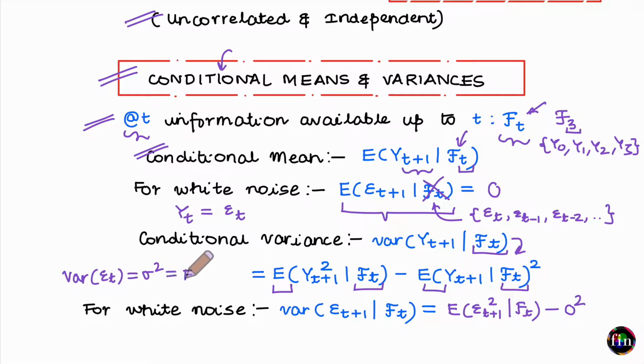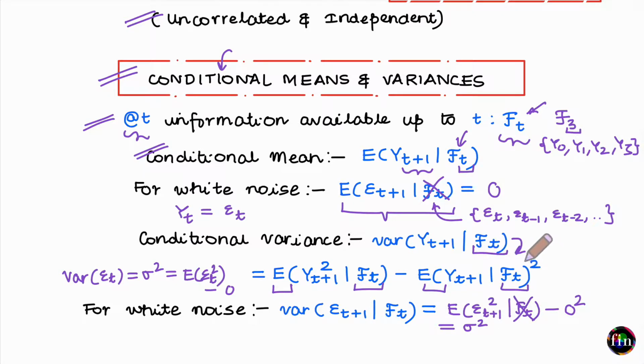This is the expected value of epsilon t squared minus the expected value of epsilon t the whole squared, which is 0. So the expected value of the square of this white noise is sigma squared. Again, because I am talking about uncorrelatedness and in a stronger sense independence, this information carries nothing for computing this expectation, and therefore I can write it very simply as sigma squared, same as the unconditional expected value of epsilon squared.